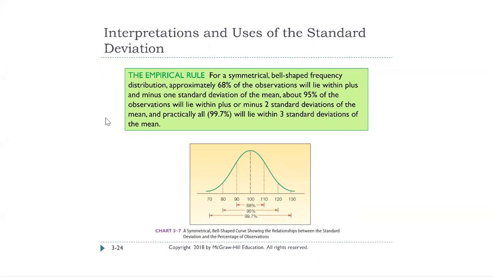The empirical rule says 95% for 2. And then Chebyshev says 88.9% or 89% of observations within 3 standard deviations. The empirical rule says if you give me a bell-shaped symmetrical curve, 99.7% of observations will be within 3 standard deviations.